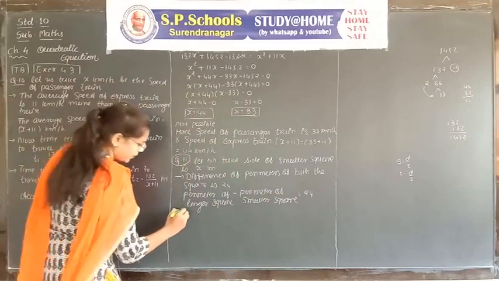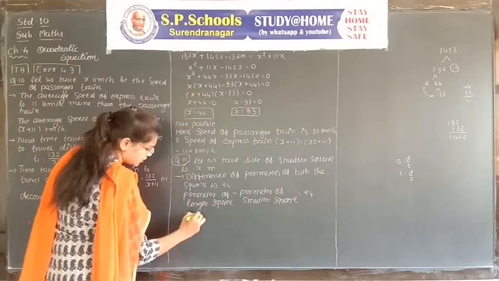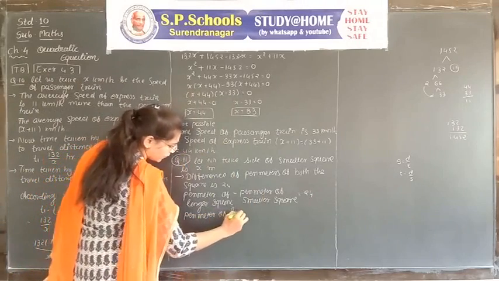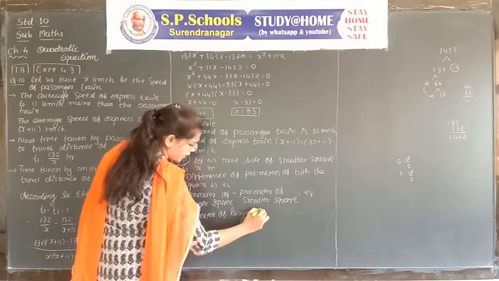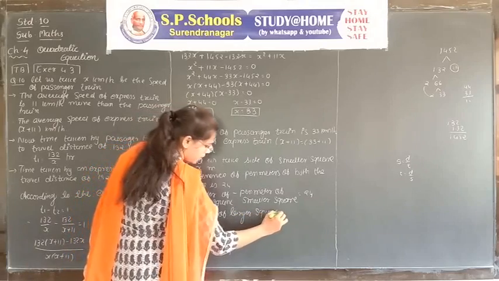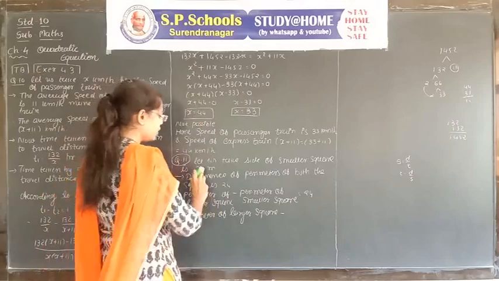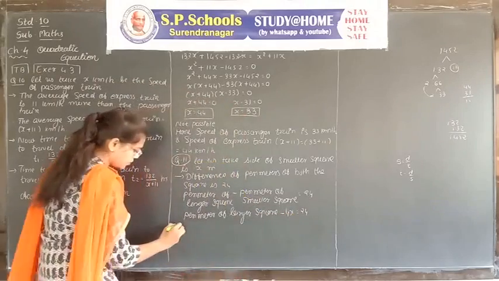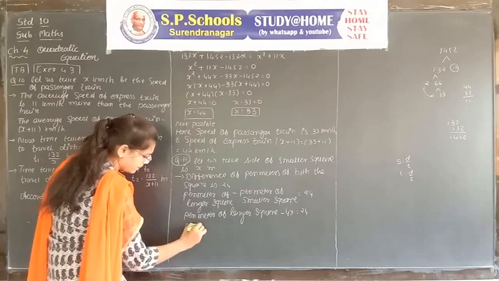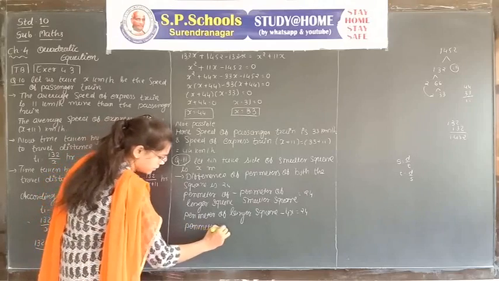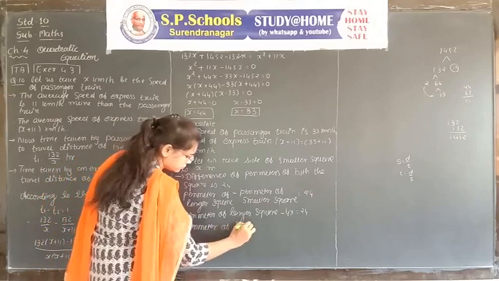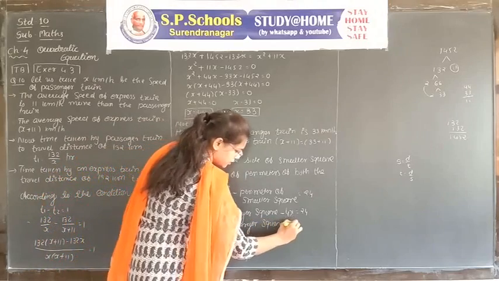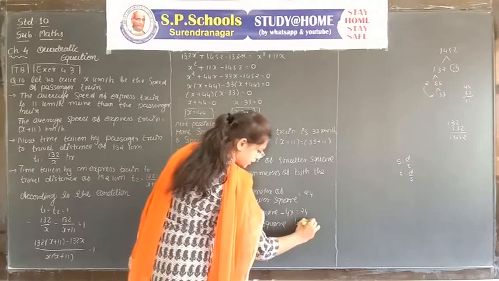We don't know the perimeter of the larger square, that remains as it is. Perimeter of larger square minus the perimeter of smaller, side is x and perimeter is 4x, is equal to 24. By making perimeter of larger square equal to 4x plus 24.